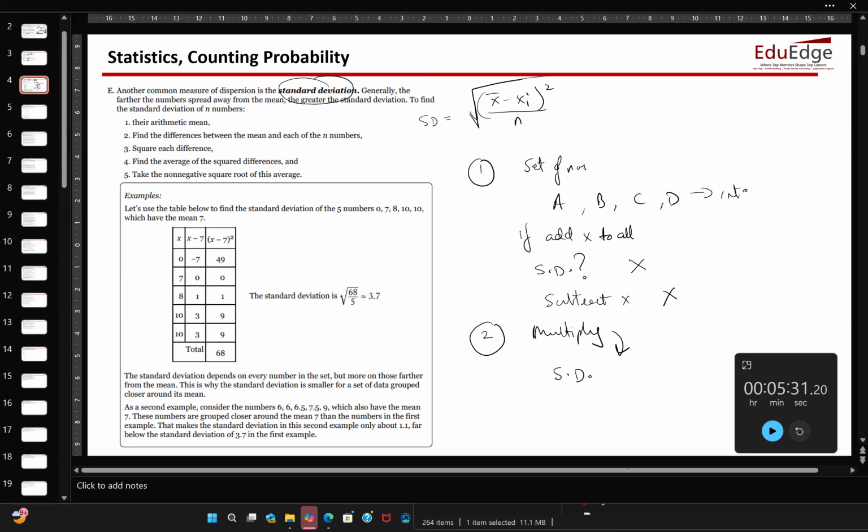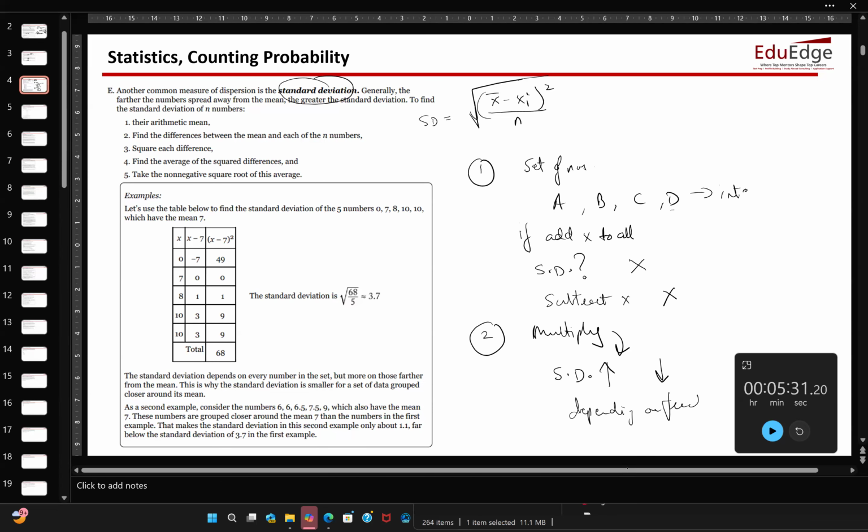Suppose A, B, C, D are not known to be integers, and if they are fractions and you're multiplying by a multiplier which is another fraction, that will reduce the number. So that will reduce the standard deviation. So it increases or decreases depending on fractions.